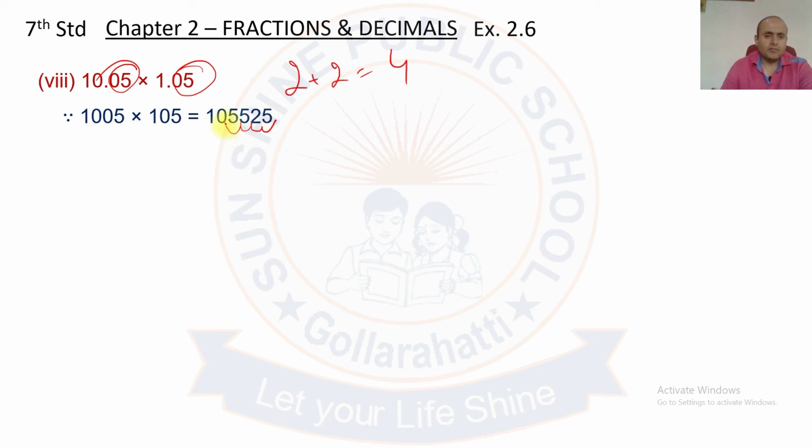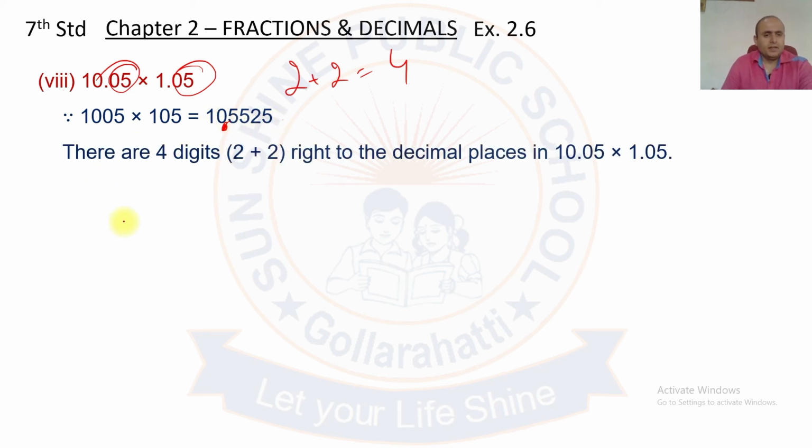Therefore finally we get the answer as 10.5525. There are 4 digits, 2 plus 2, to the right of the decimal places in 10.05 and 1.05. When you multiply 10.05 into 1.05, the answer you get is 10.5525.